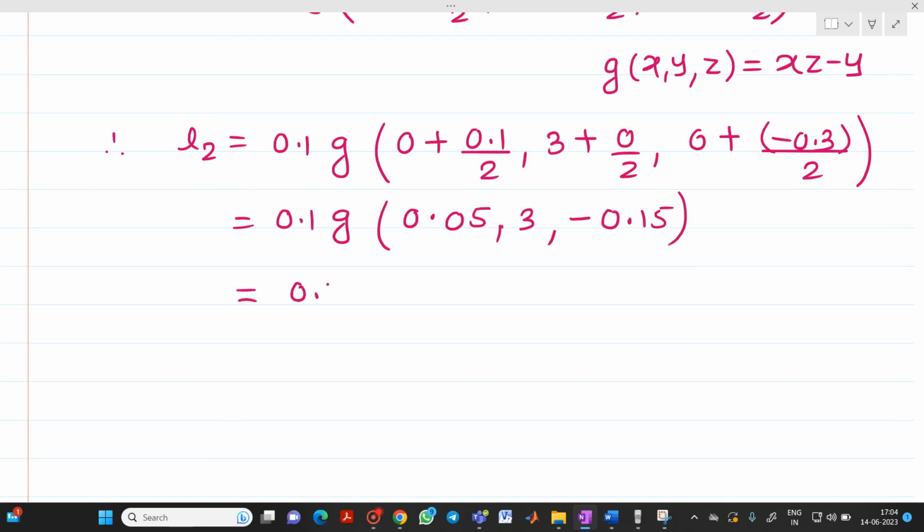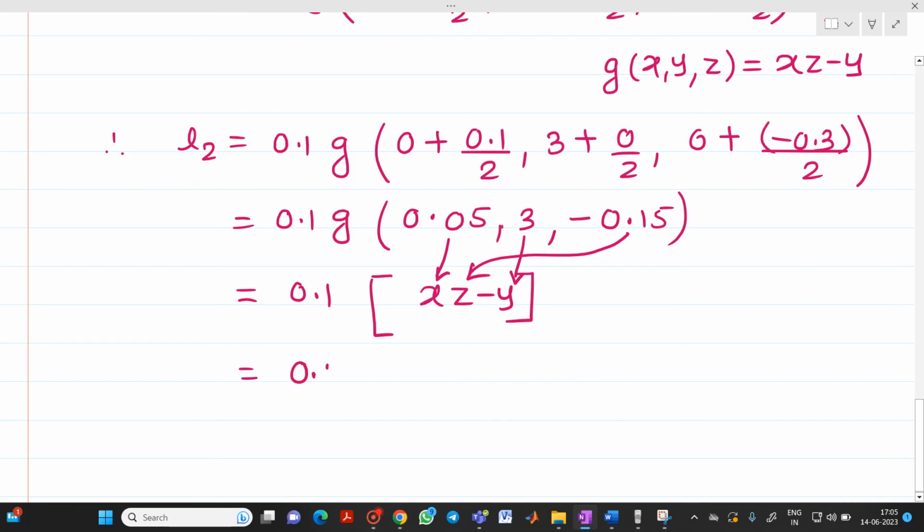Now what is your given function? It is xz minus y. So here this will be the value of x, this will be your value of y, and this will be your value of z. So 0.1 into bracket, x means 0.05, into z, minus 0.15, minus 3.